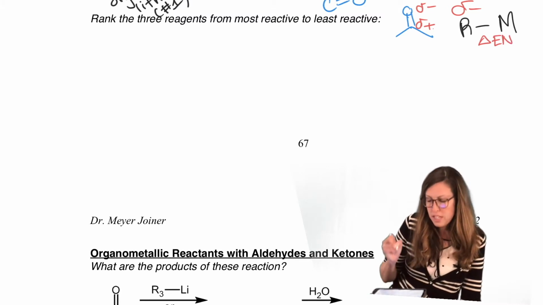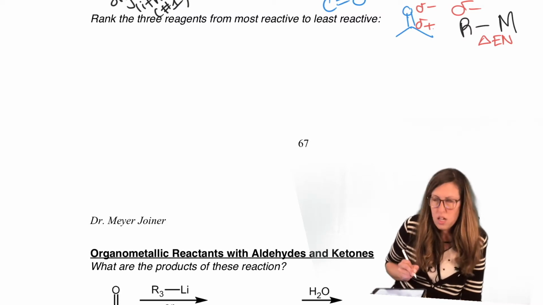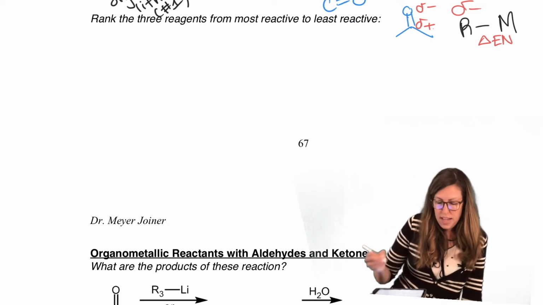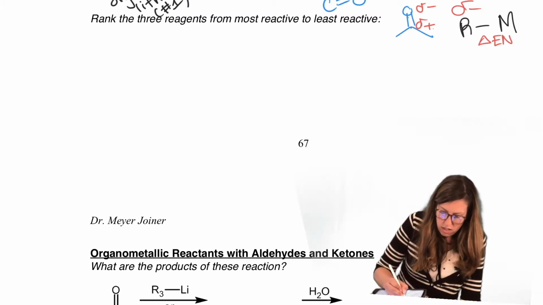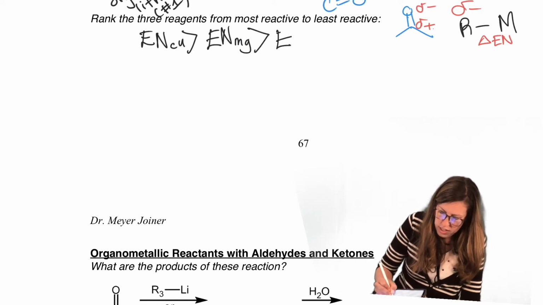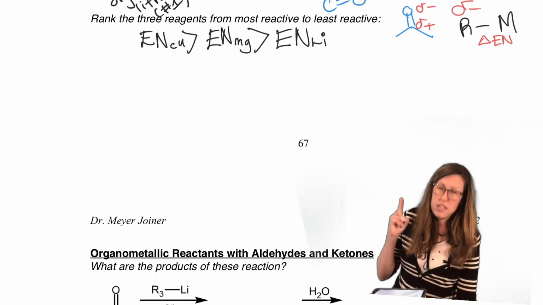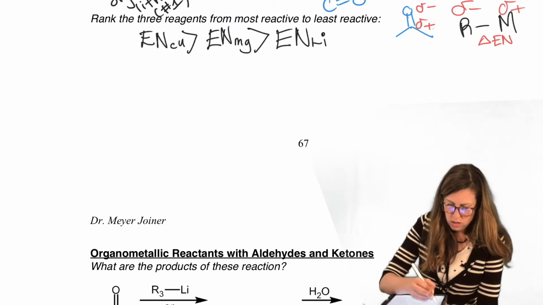So we have to look for the difference in electronegativity. That's not a value you might have offhand, but looking at a periodic table, I will tell you the electronegativity of copper is greater than the electronegativity of magnesium, which is greater than the electronegativity of lithium. Okay, that's not reactivity yet. That's the electronegativity. Let's put a small delta plus on that metal.